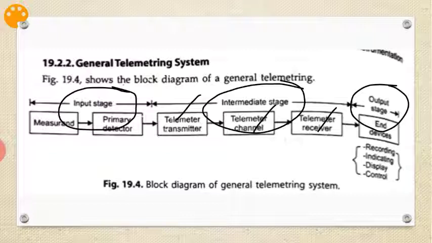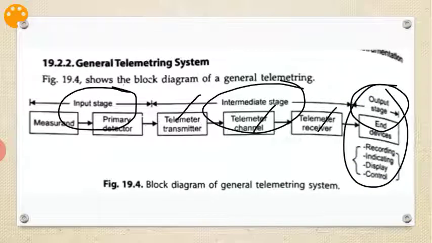This signal is received by the telemetry receiver placed at a remote location. The receiver converts the signal into a usable form, and it is indicated, recorded or displayed by the end device.